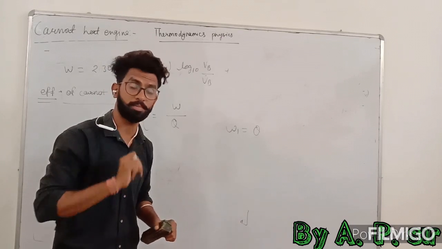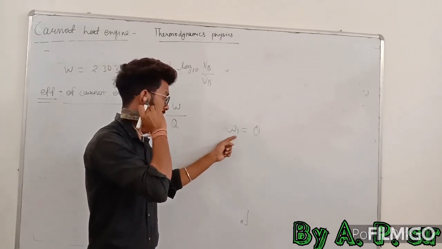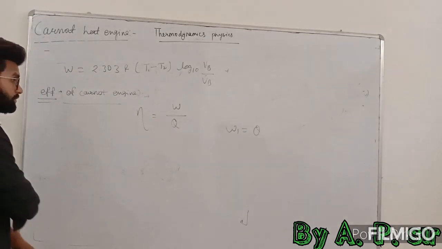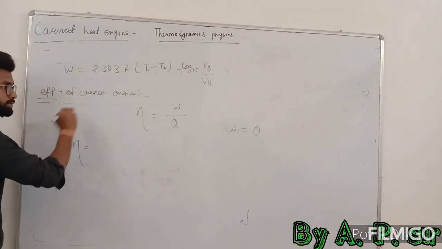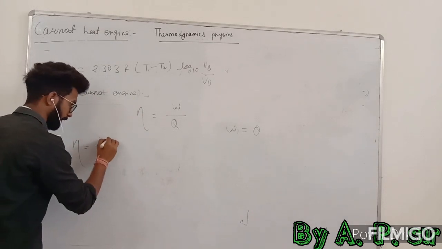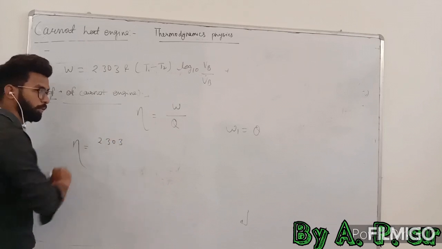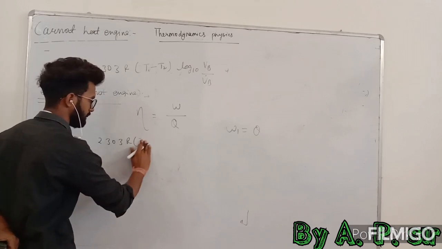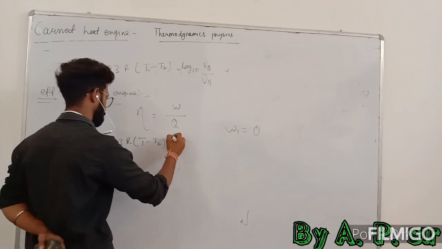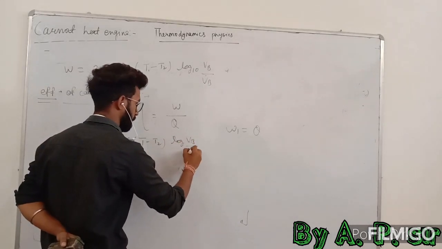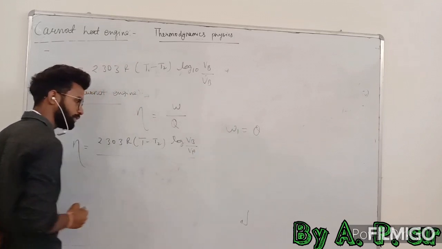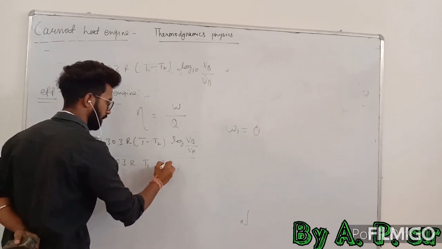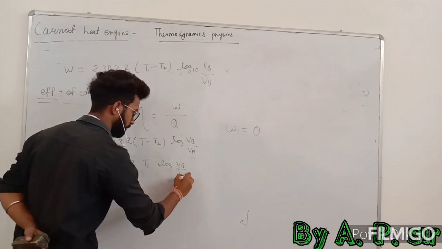Then eta equals the total work done, 2.303 R (T1 minus T2) log VB upon VA, and Q equals 2.303 R T1 log VB upon VA.